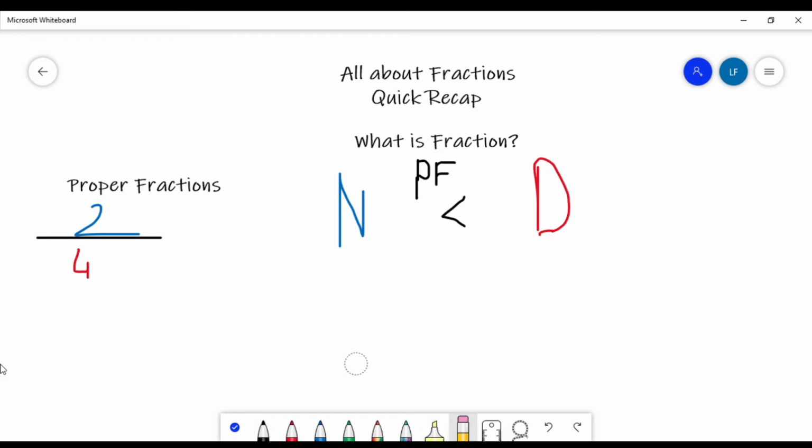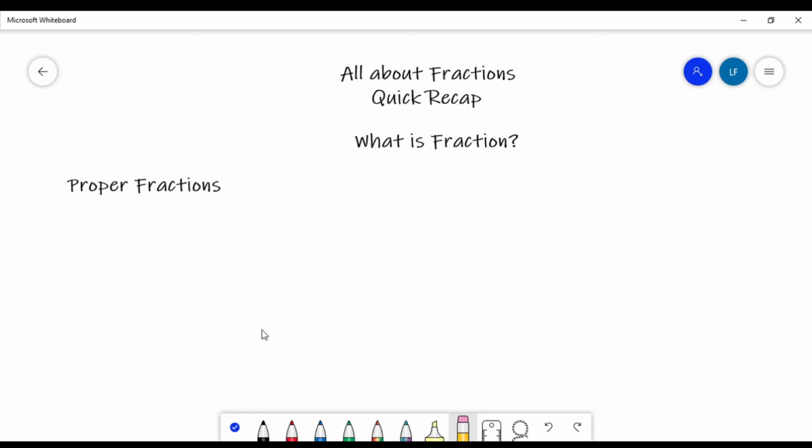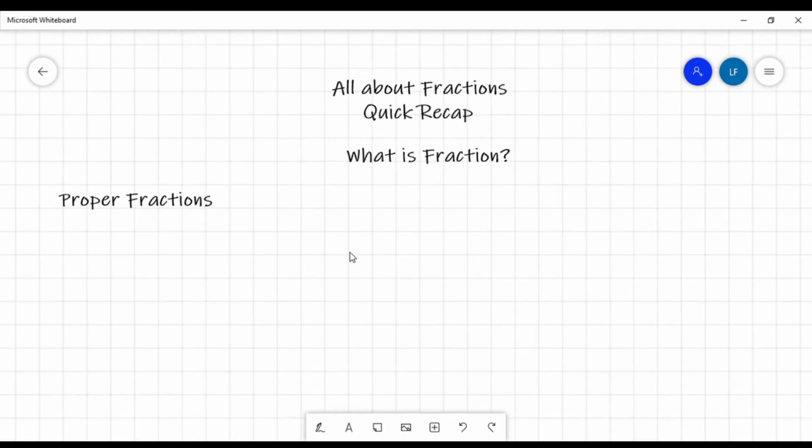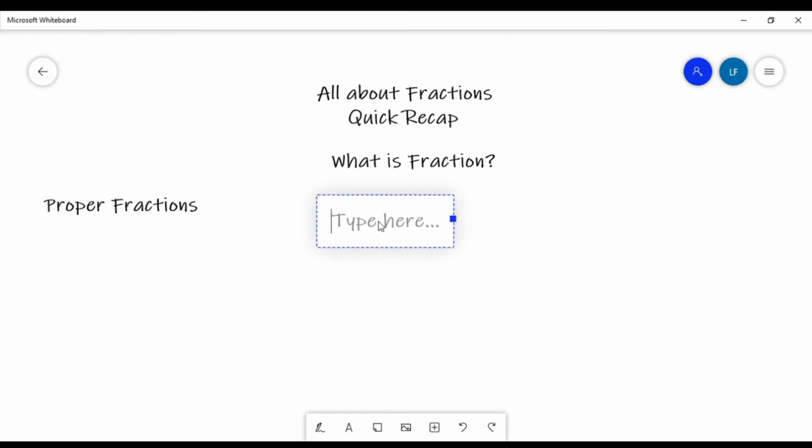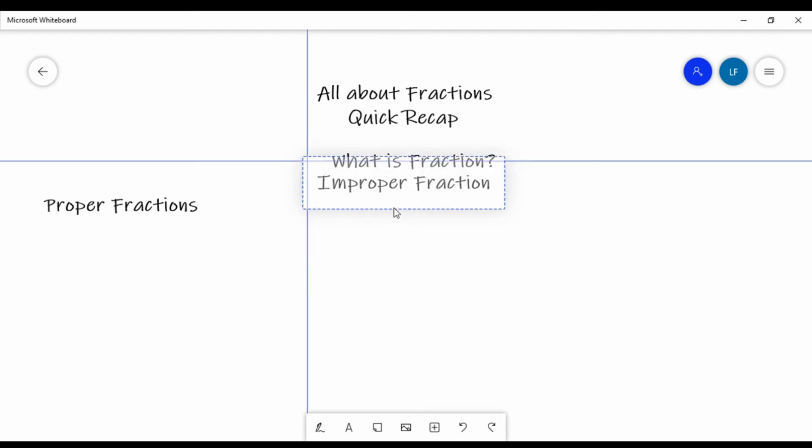Okay, let's erase this. Now we come across another type of fraction known as improper fraction, right? Great.